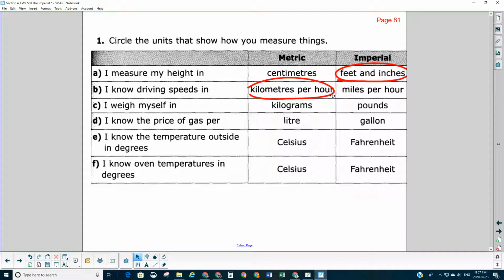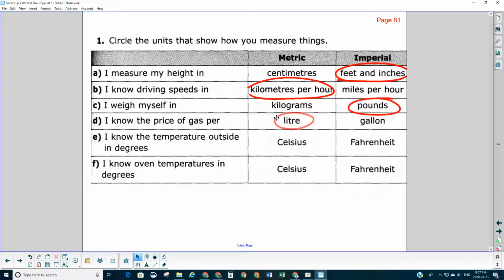It's 100 kilometers per hour. If you've made any trips to the States, you'll see that the highway postings there are in miles per hour. Your weight, again, we're still influenced by the imperial system, and we usually weigh in pounds. You don't really hear us talking about how many kilograms we weigh. We usually talk about how many pounds we weigh.